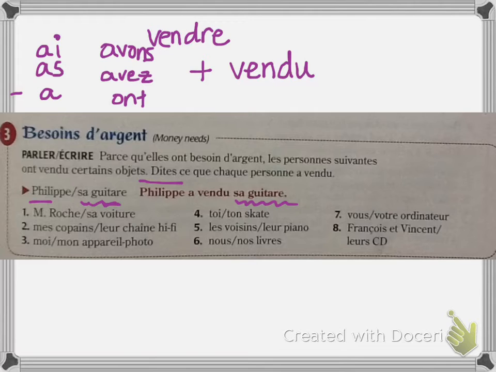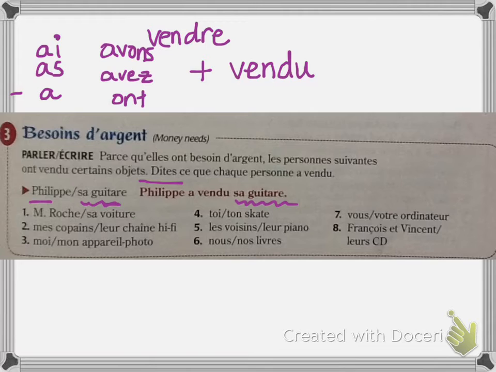Numéro 1. Monsieur Roche and sa voiture. Monsieur Roche a vendu sa voiture. 2. Mes copains, leur chaîne hi-fi. Mes copains ont vendu leur chaîne hi-fi. 3. Moi, mon appareil photo. J'ai vendu mon appareil photo. 4. Toi, ton skate. Tu as vendu ton skate. 5.